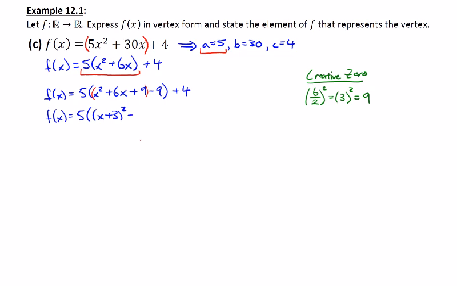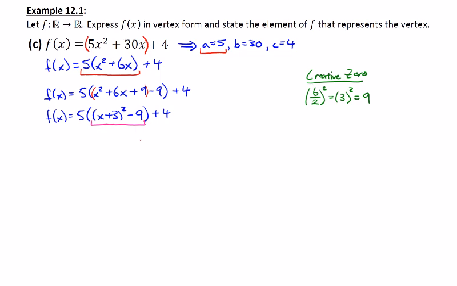There is still a subtraction of 9 inside this parenthesis, and then outside the parenthesis I have plus 4. So I kind of have a little bit of this vertex form showing. If you look inside your parenthesis here, that looks like vertex form. But I want the whole equation to have that feel to it.